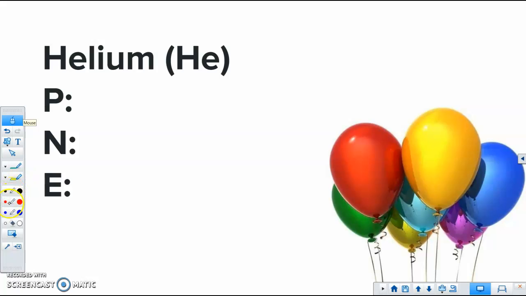So let's do a couple examples here. First example, we're going to take helium. Locate helium on your periodic table, and you'll see that its atomic number is 2 and its mass is 4. So atomic number 2, mass 4.